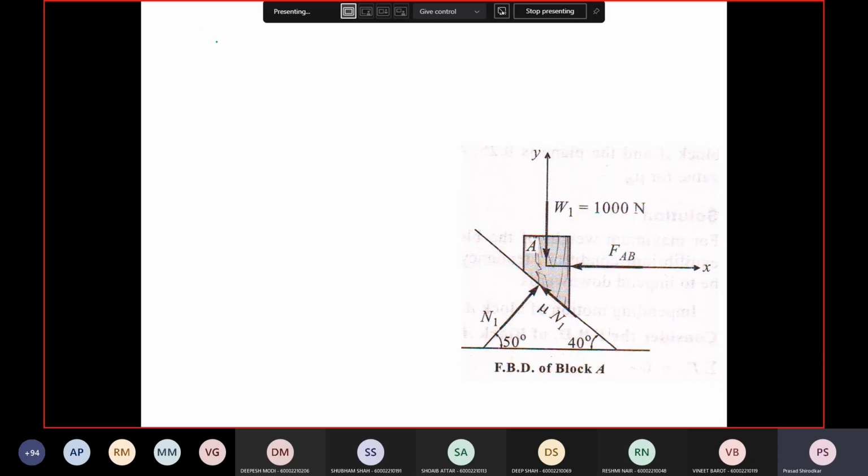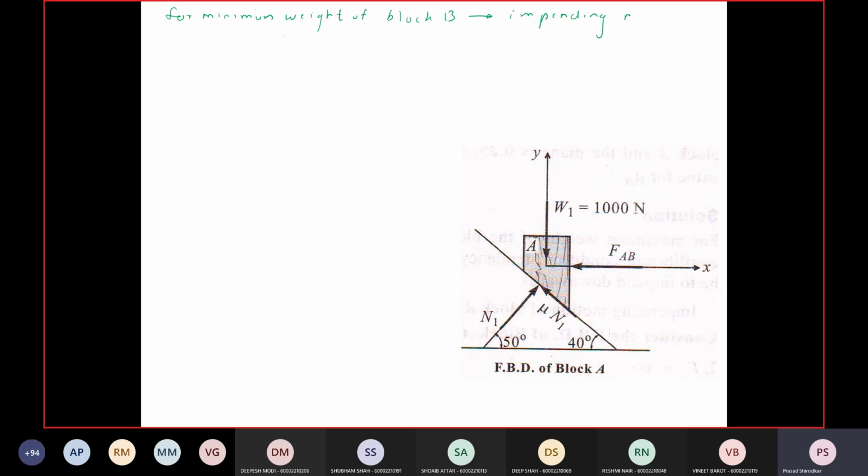So in this case, for the minimum weight of block B, the impending motion of B will be upwards, and A will move downwards.